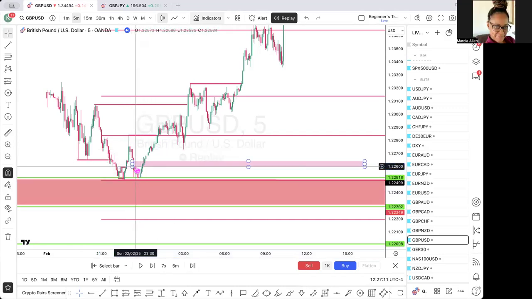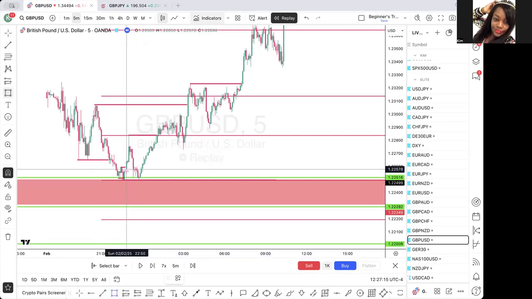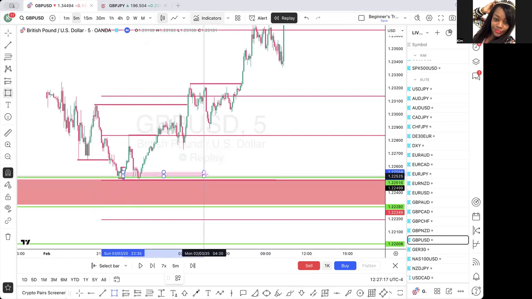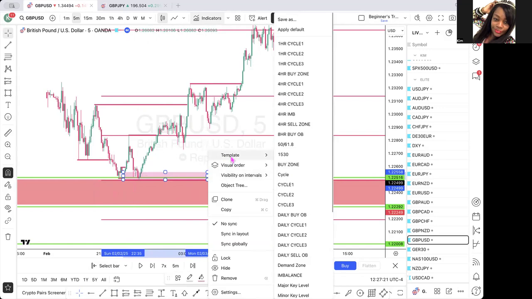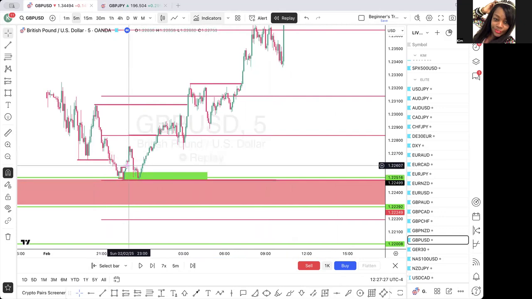But I don't usually go down there. I don't get FOMO. So once price broke that high, you could have marked up this demand zone.